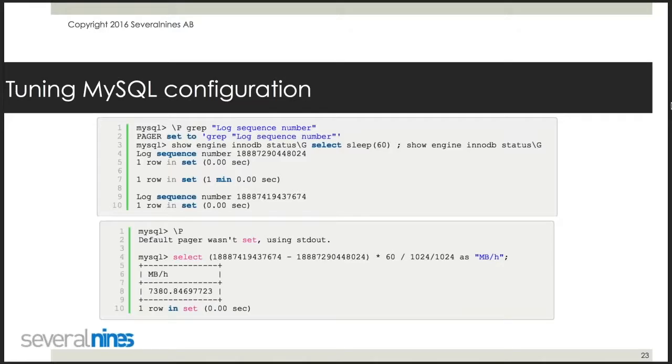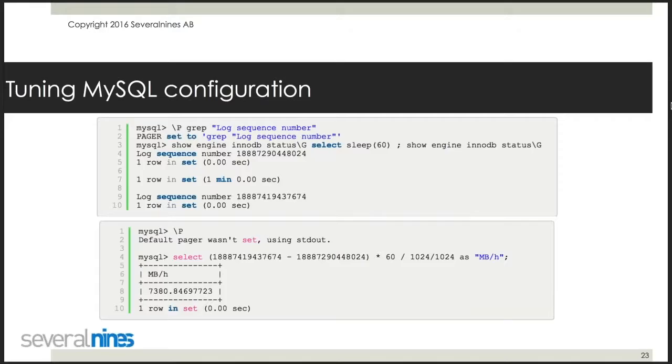You can easily calculate this rule of thumb by going through this process. Set the pager to grep log sequence number, run InnoDB status in some, let's say, in this case, 1 minute interval twice, and then run the select.